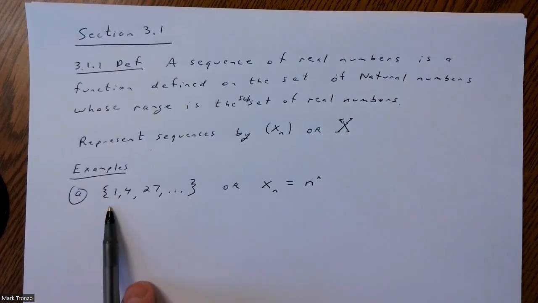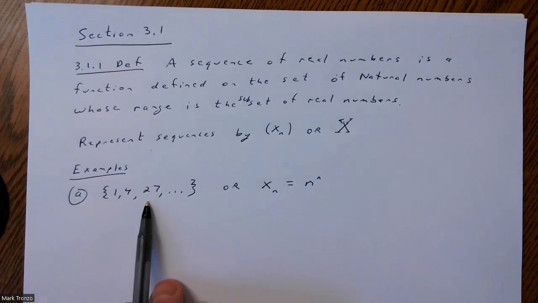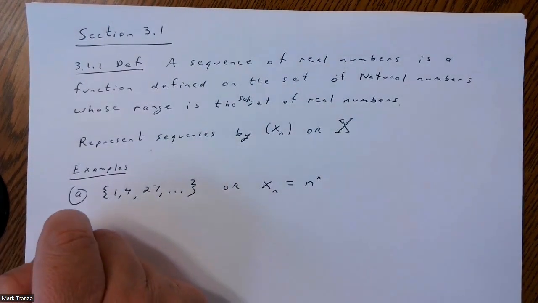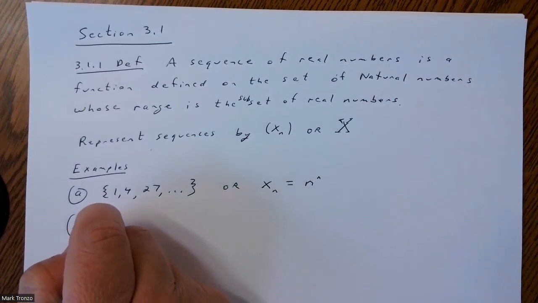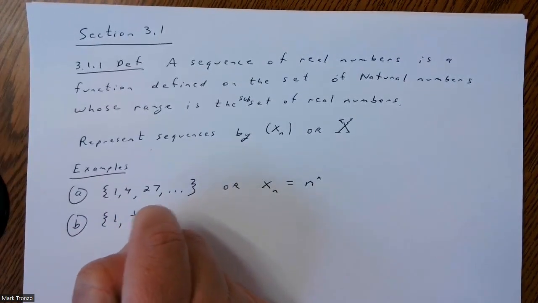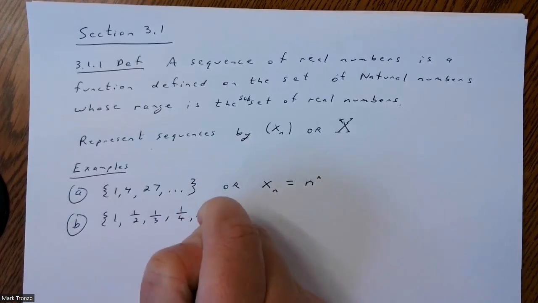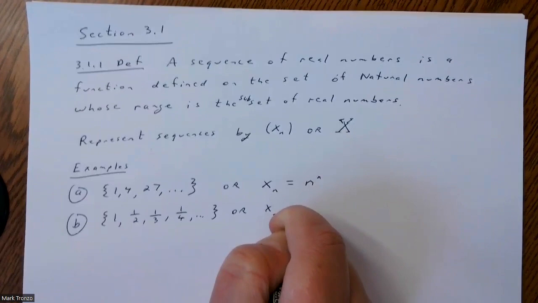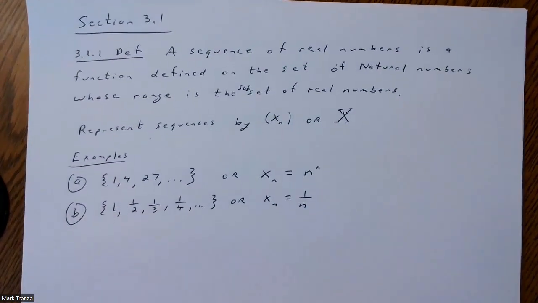So you can see this would be 1 to the first power, 2 to the second power, 3 to the third power, etc. Or you could have something like this, one we've seen before already, a half, a third, a quarter, or x_n equal 1 over n, like this.